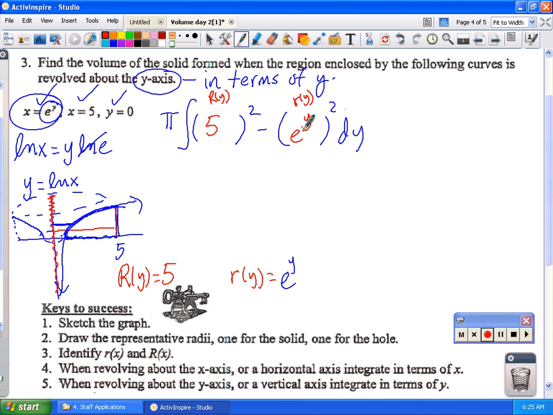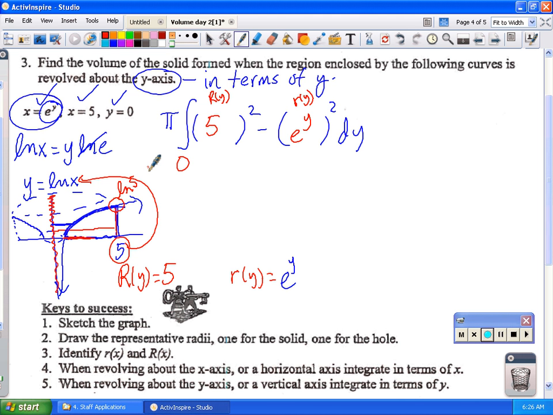We're collecting the area in terms of y, so the lower bound, we're going to start the collection at 0, and then the upper bound, we need the y value where those two curves intersect. So I know that the x value is 5. I can substitute it in here, and I know that y is equal to the ln of 5.